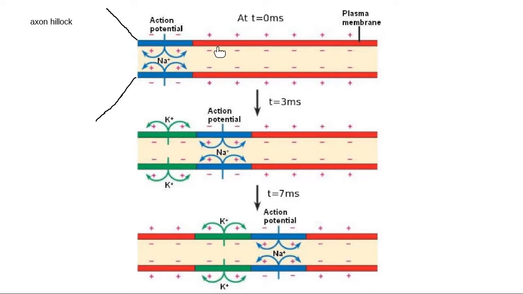So these voltage-gated sodium channels then open up themselves. This part of my membrane on the inside gets positive. Well, if this part gets positive, the voltage-gated sodium channels that live right here say, oh, we're doing this. These voltage-gated sodium channels open up as well.